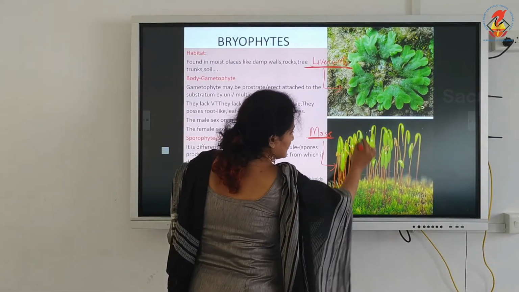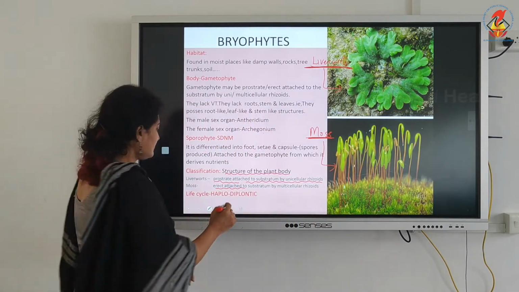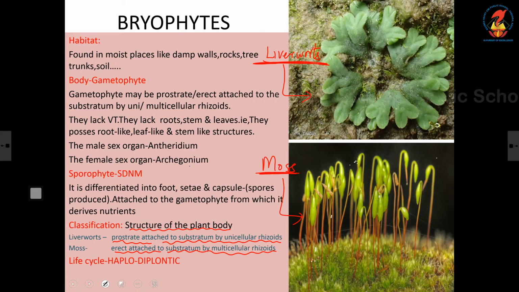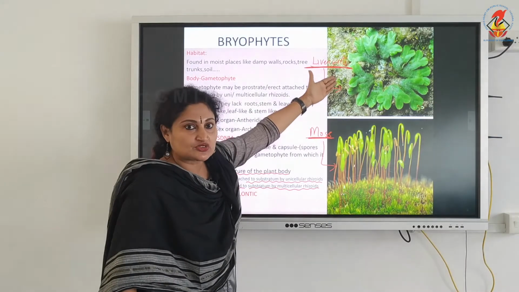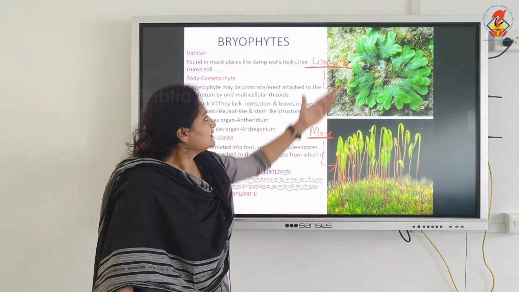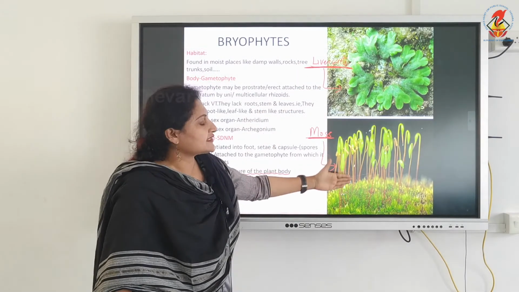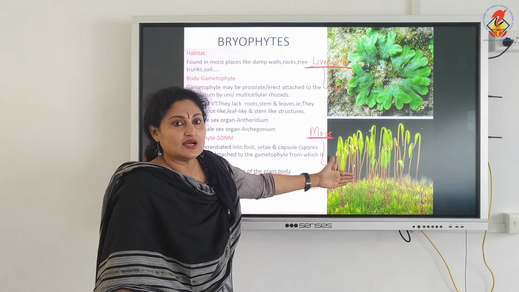This is moss. They are erect, leafy, attached to the substratum by multicellular rhizoids. So you get two differences between liverworts and moss. First is with respect to the body. Here it is prostrate. Here the body is erect. Here it is attached to the substratum with unicellular rhizoids. Here it is attached to the substratum by multicellular rhizoids.